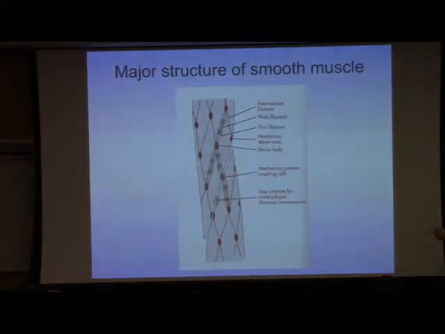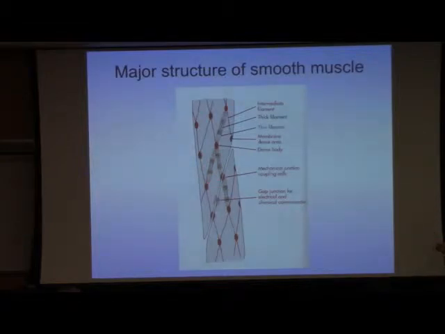Here, in the red are these intermediate filaments. So you get these dense bodies here which connect, these are really equivalent to like the sarcomere in a way. You have thick filaments in the middle, and then you have sort of thin filament like actin, and when the myosin turns on, it ratchets and sort of pulls this structure in.